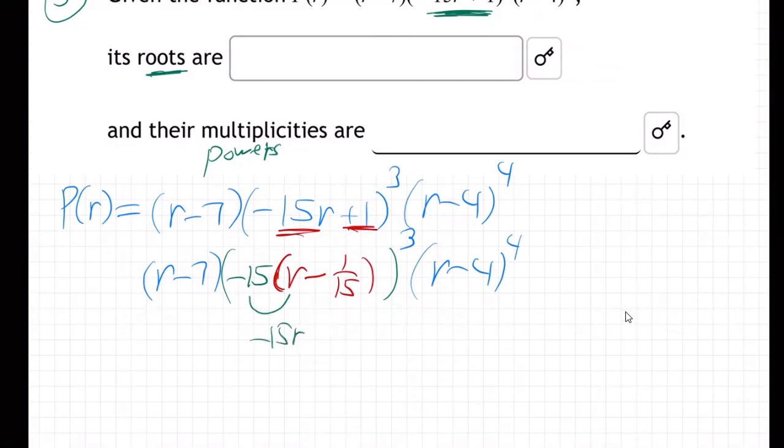Minus 15R. And then minus 15 times minus 1/15, what is that? Well, two negatives is positive, and 15 over 1, these cross cancel, positive 1. See how that'll go back? See how that's correct? Here's the check.